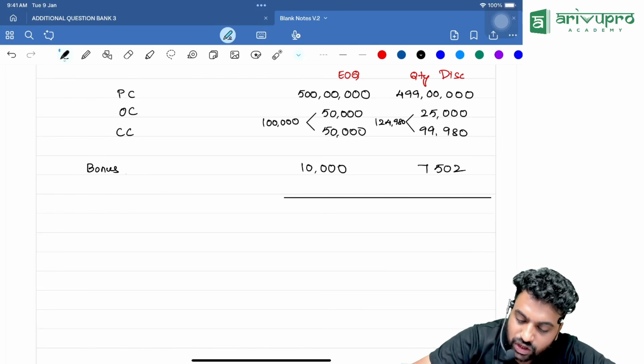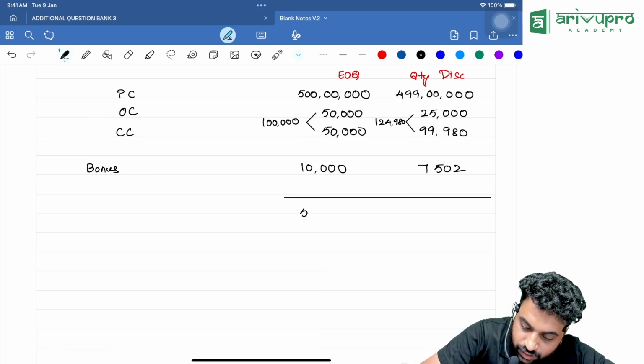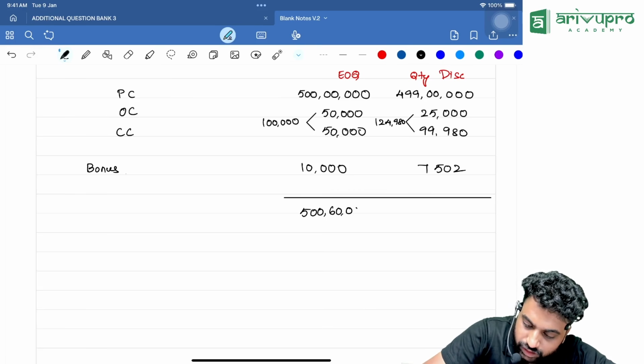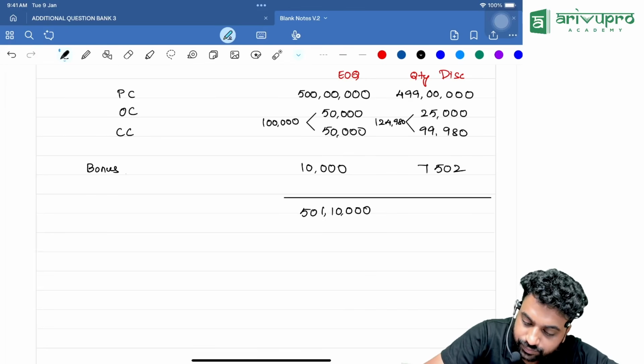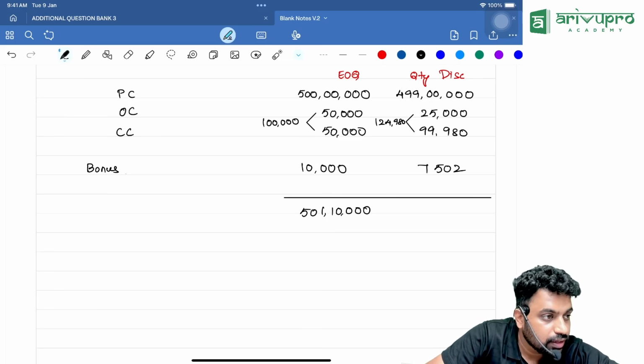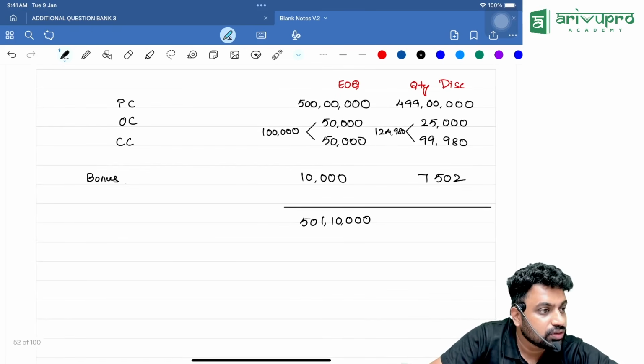So under EOQ, our cost is coming to 5 crore 1 lakh 10,000. Second one, it will be 7,502. 2 lakh minus 1 lakh 24,980, how much is it?